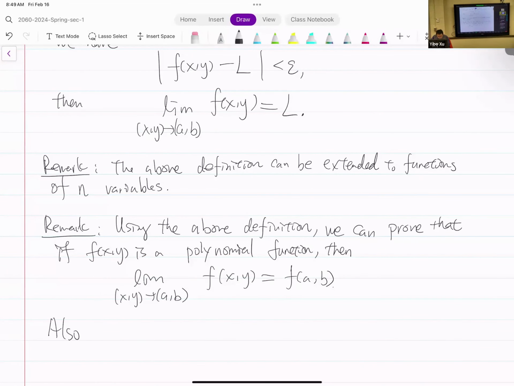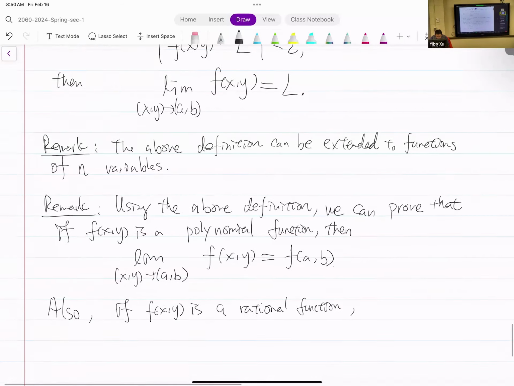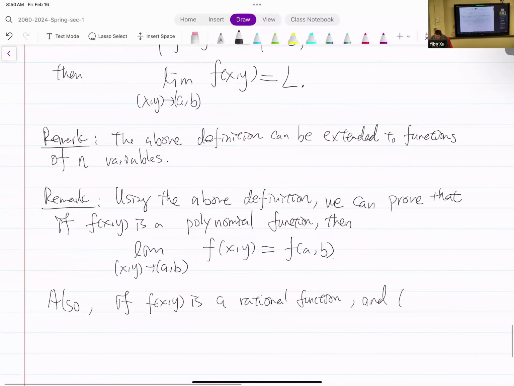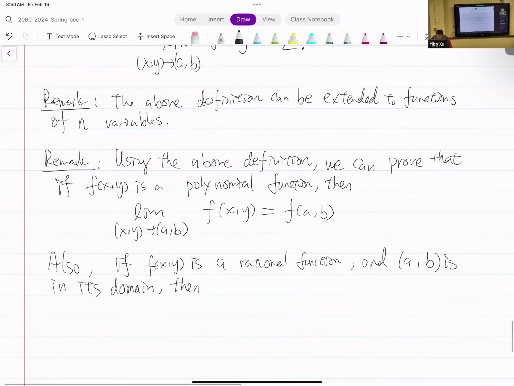Also, if f of xy is a rational function and ab is in its domain, then it's the same thing.